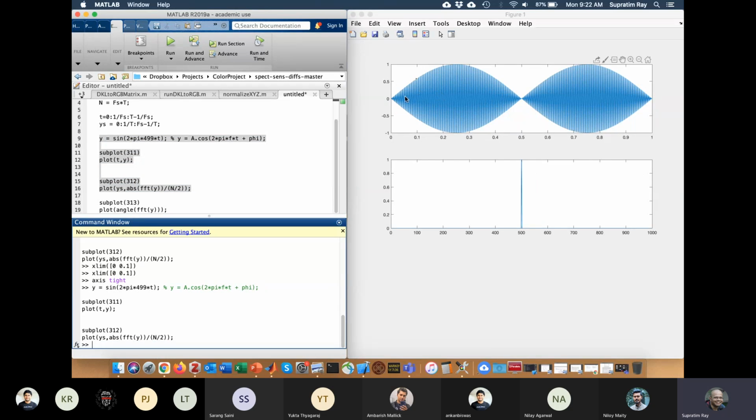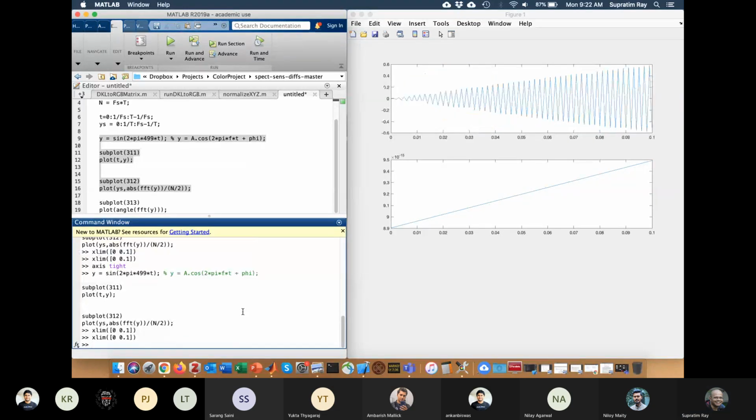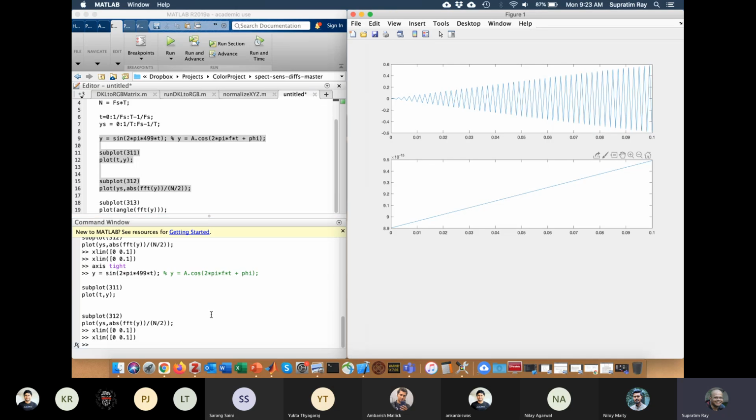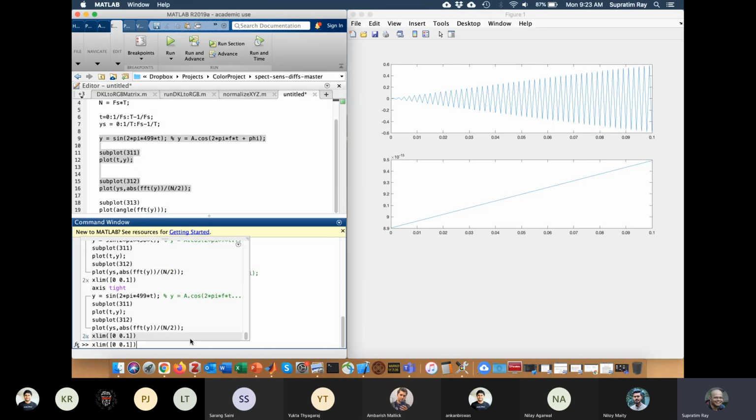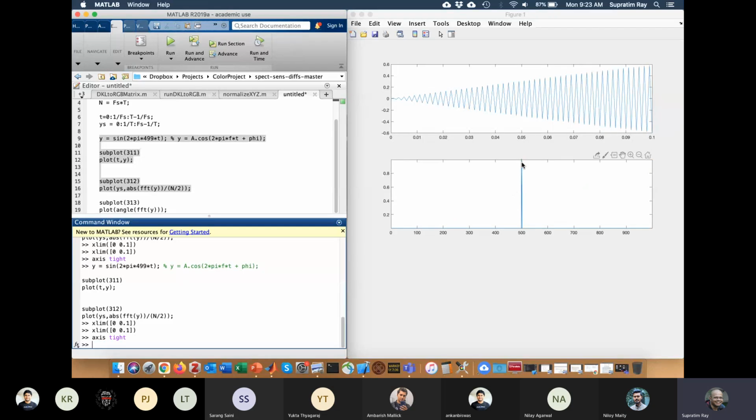Ha! Look at this. So this thing doesn't look like a perfect sinusoid at all. In the frequency domain, it is still sitting at 499.